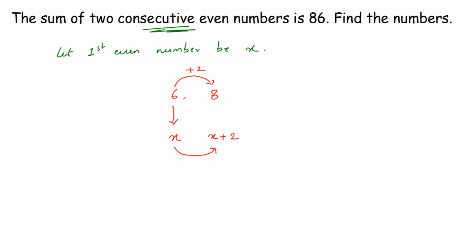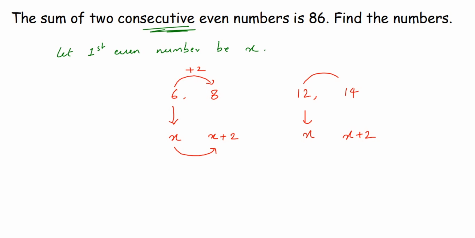Now you can apply this to any numbers. For example, let's take 12, and if I take x to be 12, then the next consecutive even number will be x plus 2. So 12 plus 2 is 14, which is the same as x plus 2. So this is applicable.